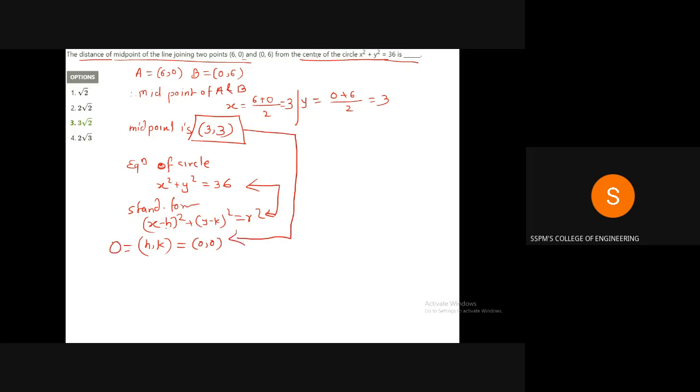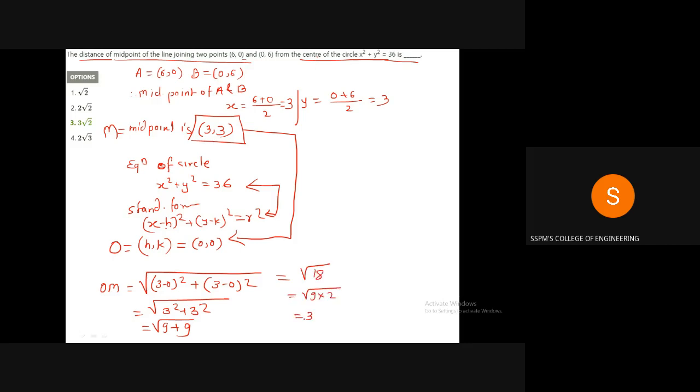Suppose this point is O and this point is M. So we have to find the distance between O and M. OM is equal to the root of (3 − 0)² + (3 − 0)², which is 3² + 3², that is root of 9 + 9, equal to root 18, which is root of 9 into 2, that is 3 root 2.